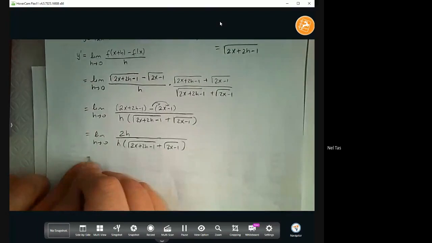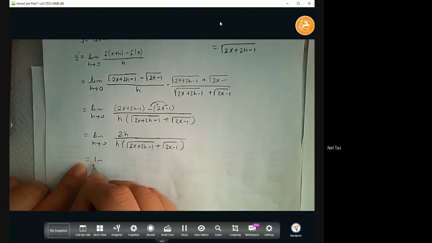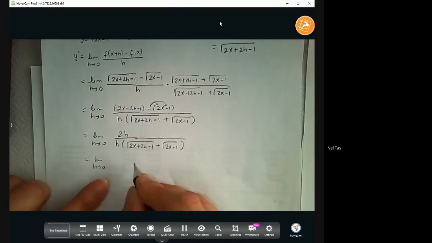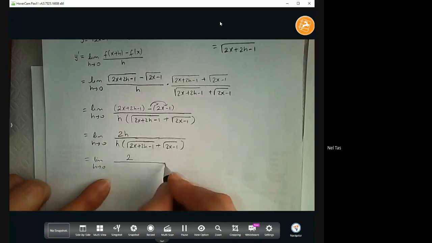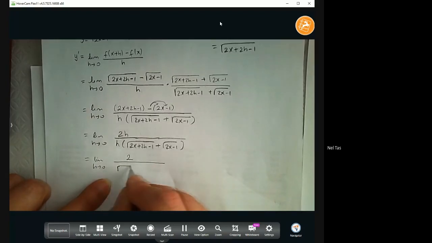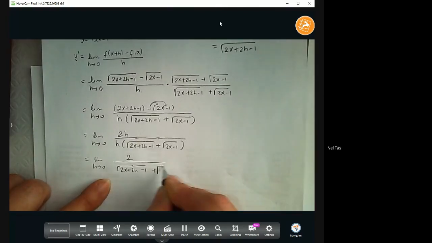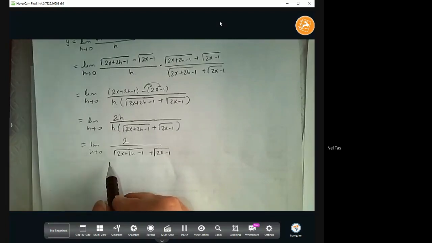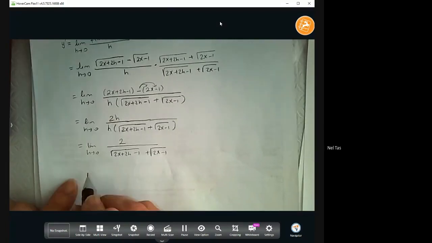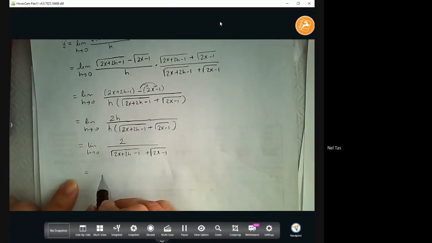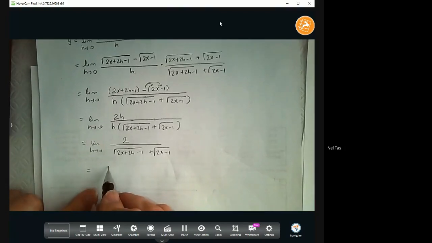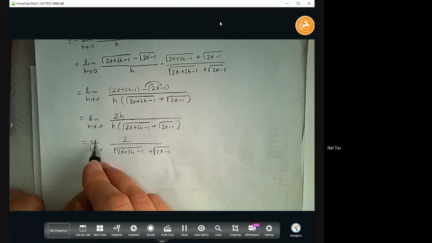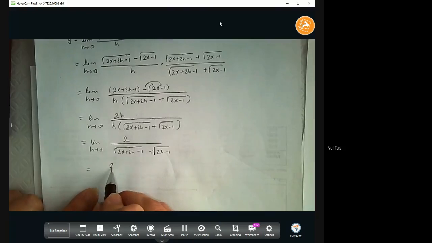If you cancel h, we have 2 over square root of 2x plus 2h minus 1 plus square root of 2x minus 1. Now we removed the 0 over 0 situation. We can substitute 0 for h. And as we substitute, we don't use the word limit anymore. Please be careful with that.